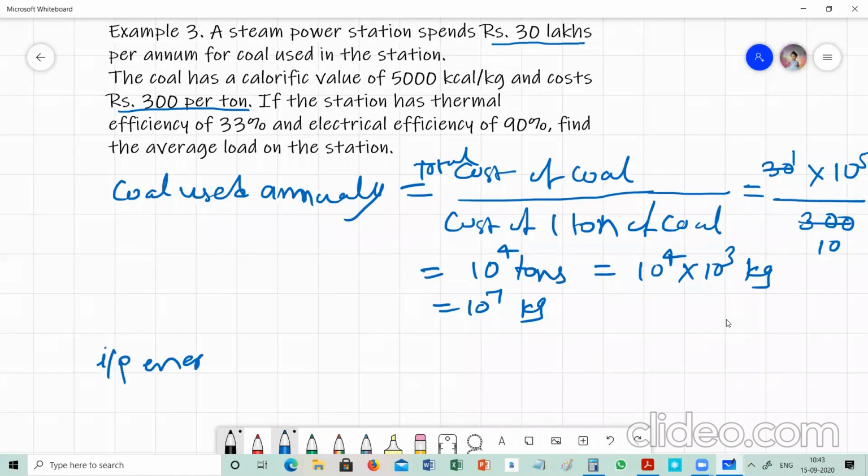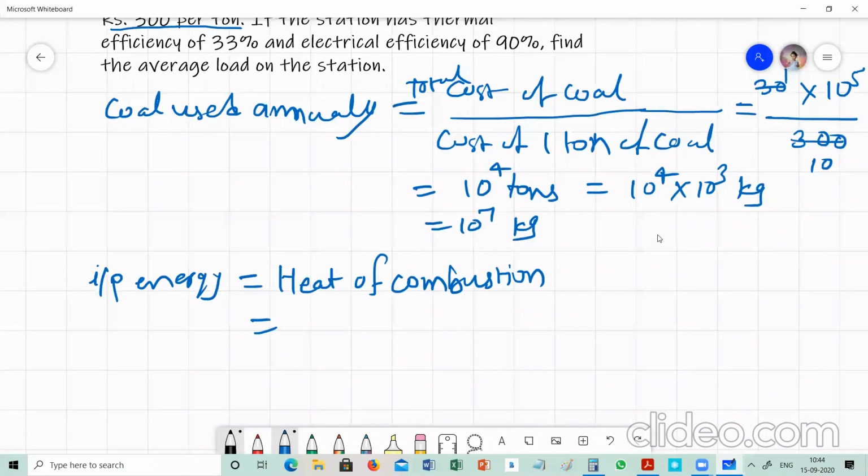If you consider the thermal power plant, the input energy is nothing but the combustion of coal in the boiler, burning of coal in the boiler. Means input energy is equal to heat of combustion. We have the total amount of coal used and its calorific value, so we can calculate heat of combustion.